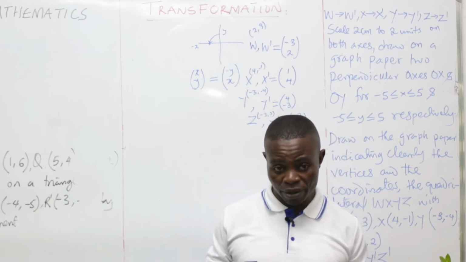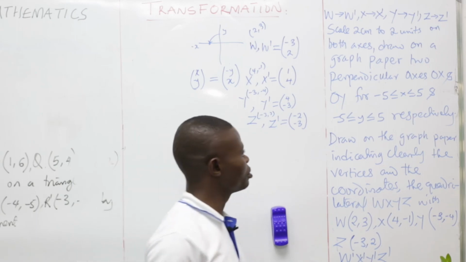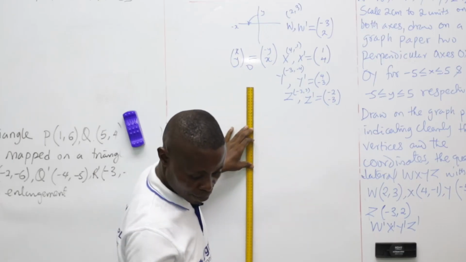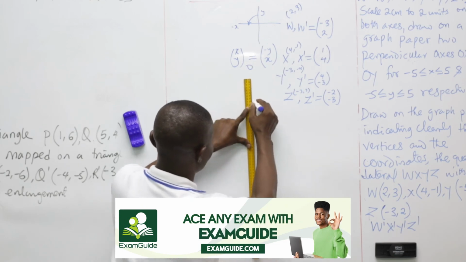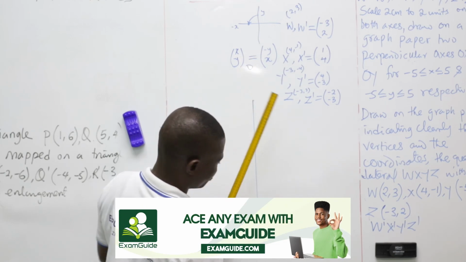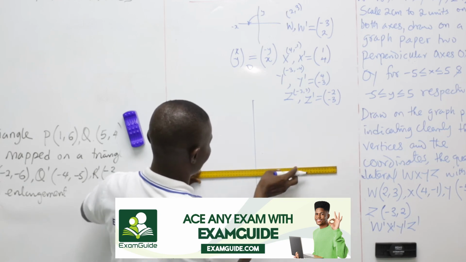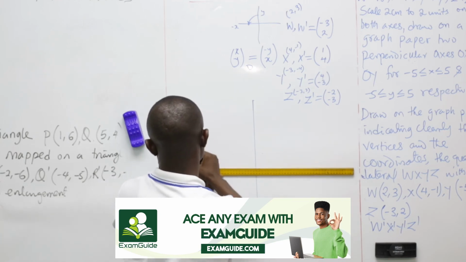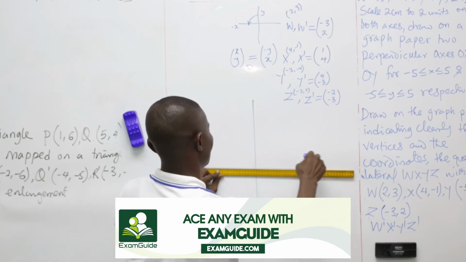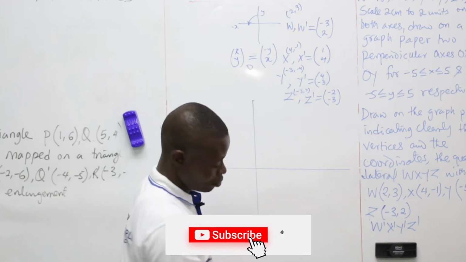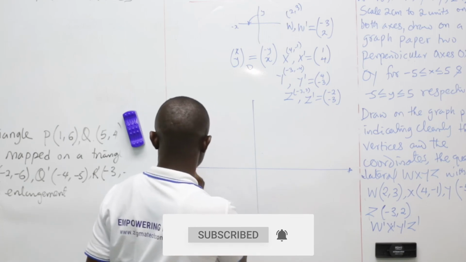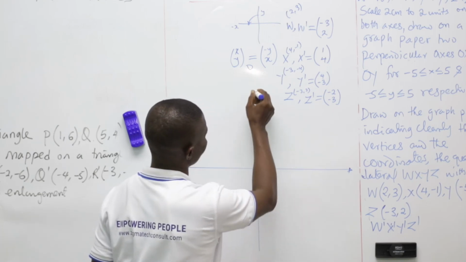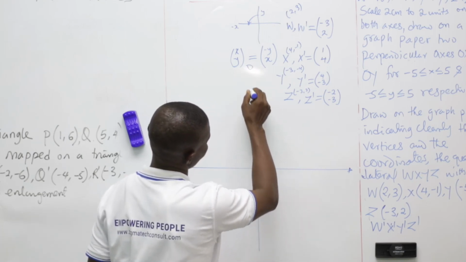Now let us see what happened on this issue. Looking at these values, we are given -5 less than or equal to x less than or equal to 5.